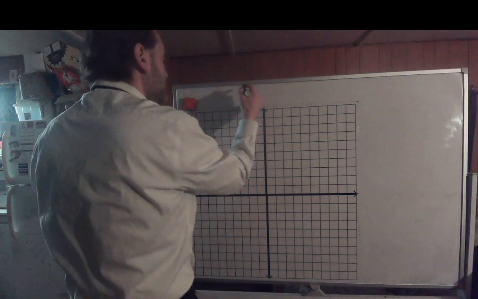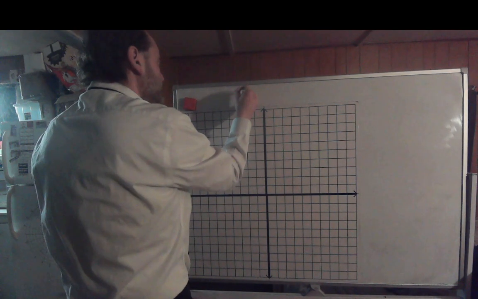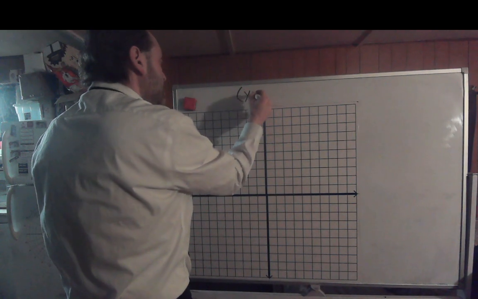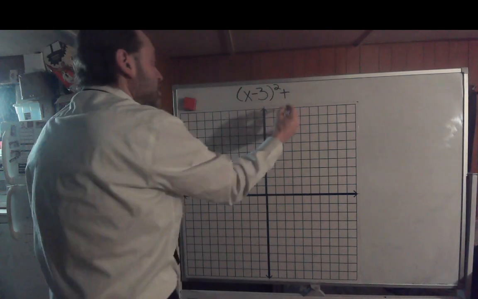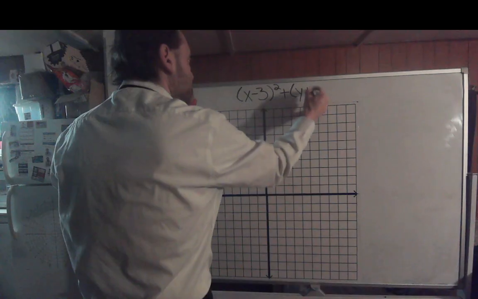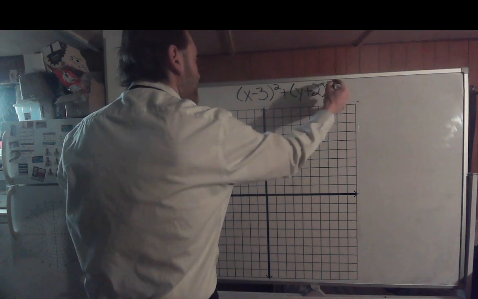Alright, let's change up the center a little bit. It's not going to be at the origin now. Alright, so we have x minus 3 squared plus y plus 2 squared equals... No. I just gave it away.